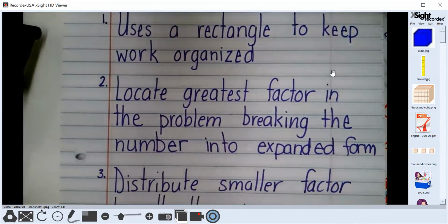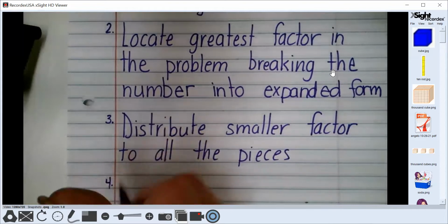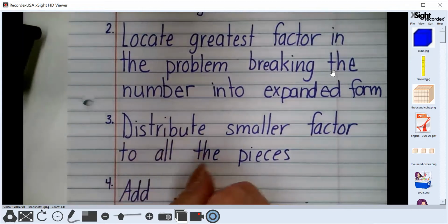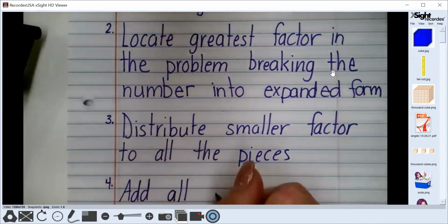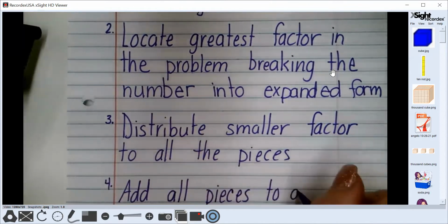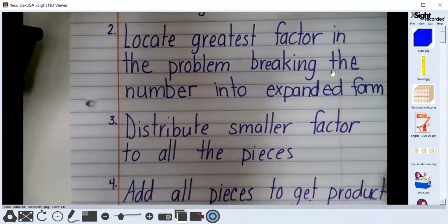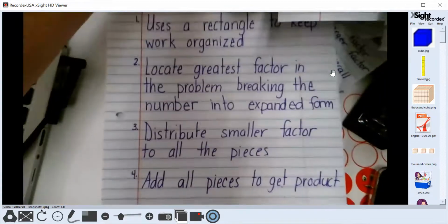And the last thing is to add all the pieces to get the overall product. So those are the rules for completing area model.